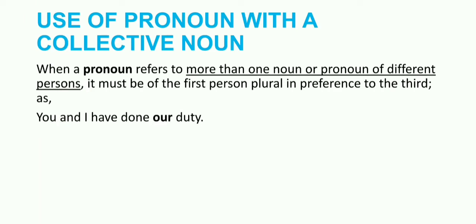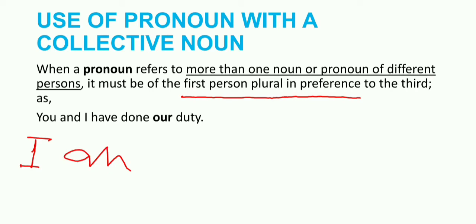Here is the example: you and I have done our duty. Okay, so now here in the statement we said what? First person plural in preference. So here, you and I, we may not write this like so: I and you.